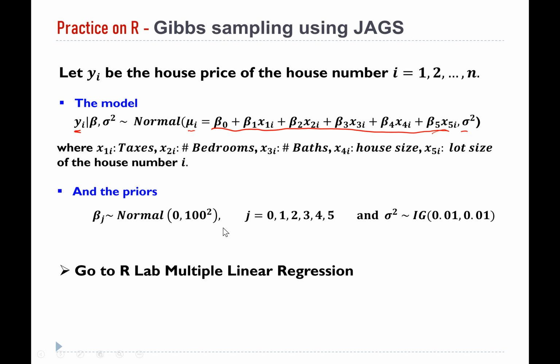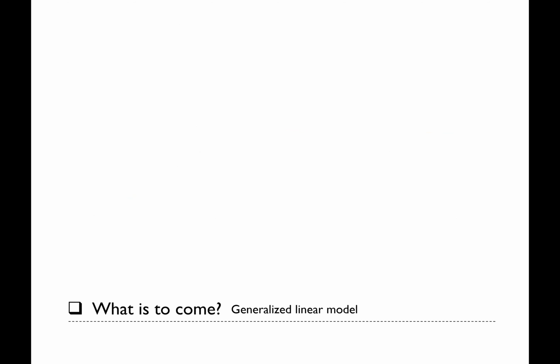Now let's run the code in the file RLab multilinear regression. I recorded the video for this one, so please go to it and run the analysis together to find which variable has some impact on the response and which variable doesn't have impact on the response variable using the Bayesian approach.